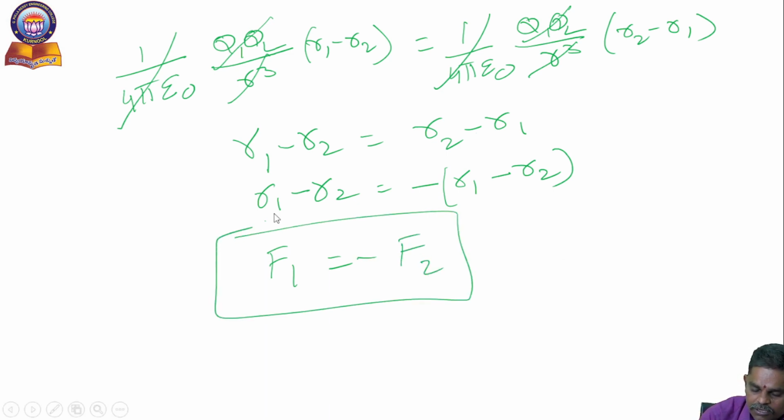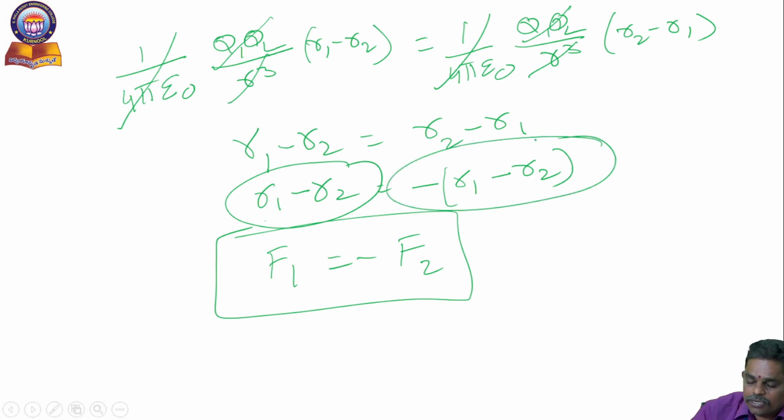This one we have proved with the help of unit vectors. F1 is equal to minus F2 when both charges are of the same polarity, because same polarities will repel each other.